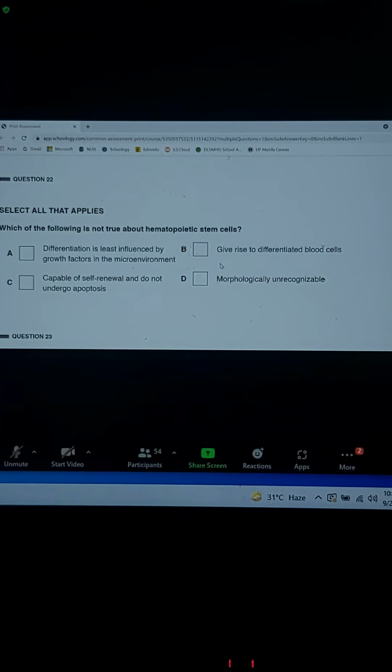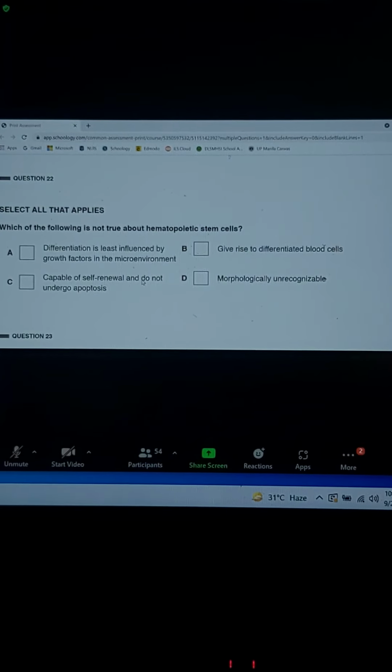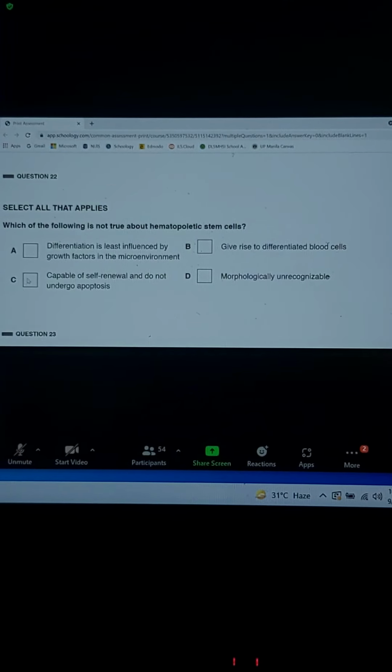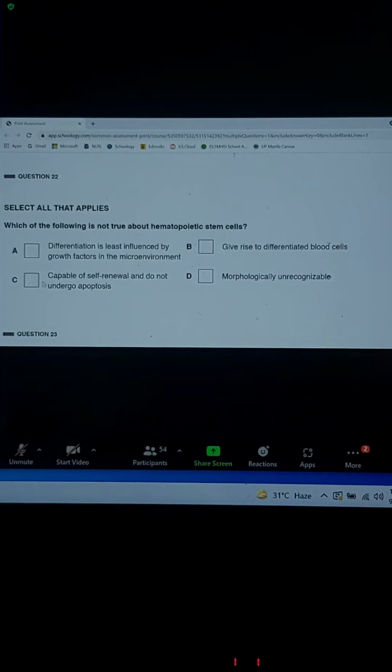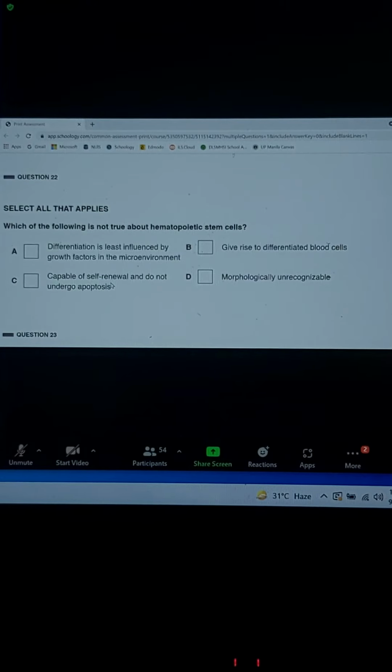So, letter B, they give rise to differentiated blood cells. So, this is a correct statement. So, hindi siya kasama sa hinahanap natin. Letter C, capable of self-renewal and do not undergo apoptosis. So, letter C is also incorrect kasi they also undergo apoptosis. Kapag hindi na sila nag-undergo ng apoptosis, malignant na yun. Okay, cancerous na sila.